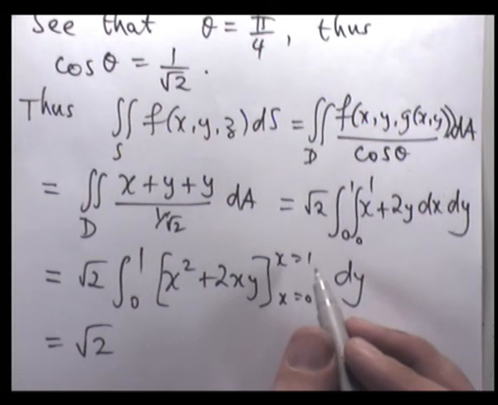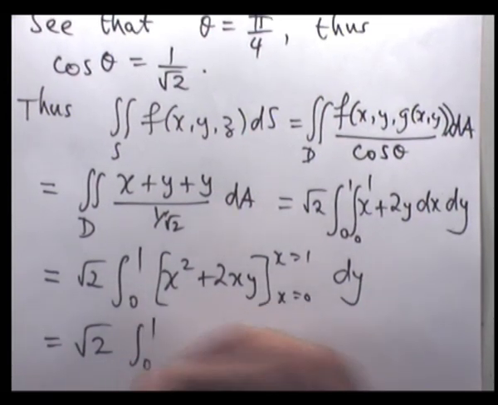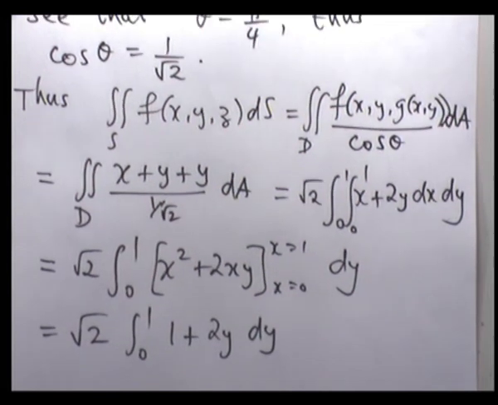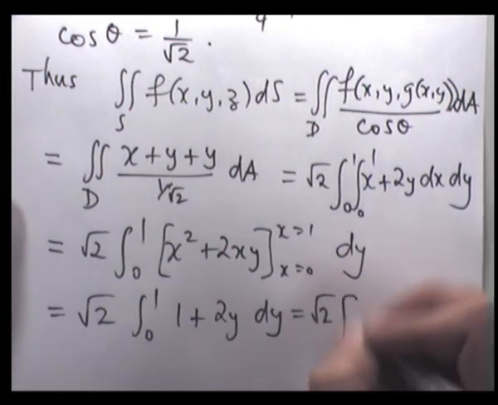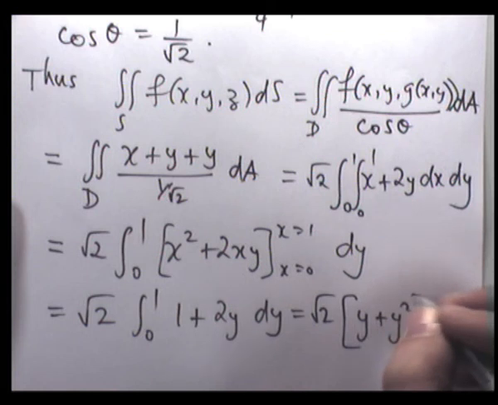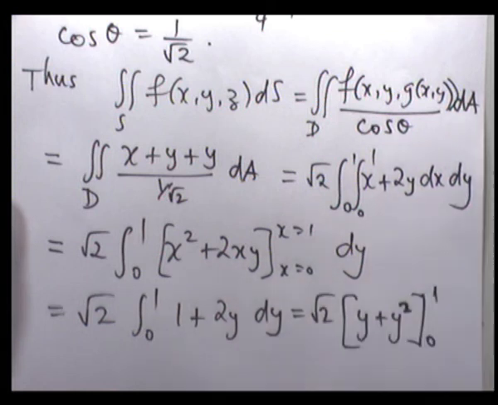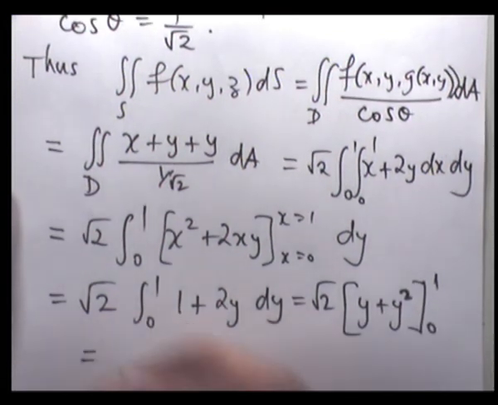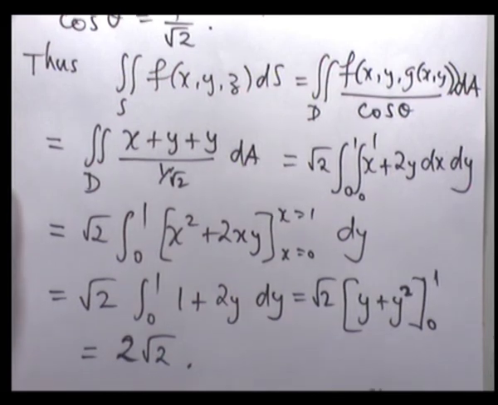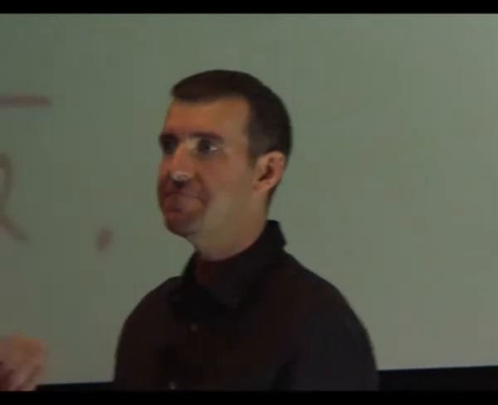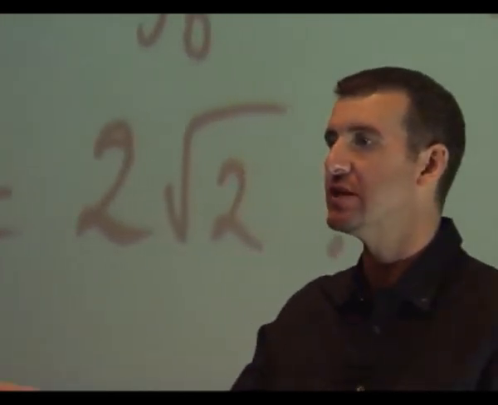If we sub in x equals 1, we're going to be integrating something like 1 plus 2y dy, and x equals 0. So we get 2 root 2. So that was a lot less fuss than the previous example that I spanned over 2 lectures.